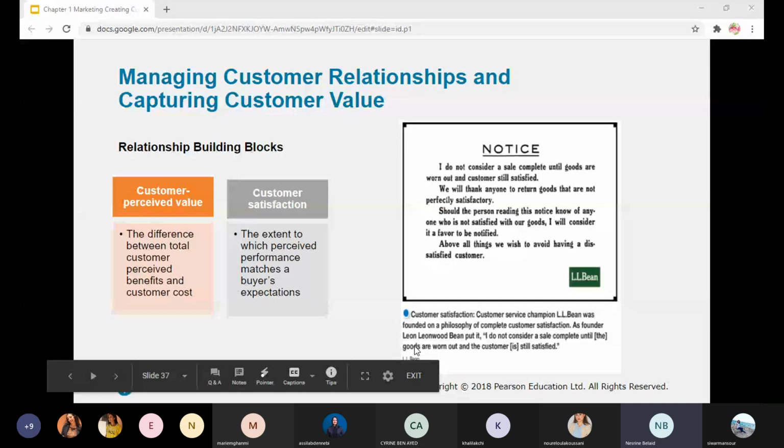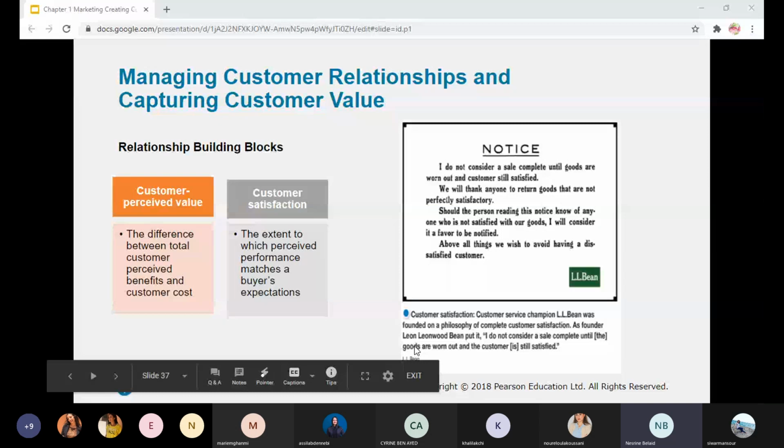A customer buys from the firm that offers the highest customer perceived value. The customer's evaluation of the difference between all the benefits and all the costs of a market offering relative to those of competing offers. So they will compare them to the competing offers to determine this customer perceived value.